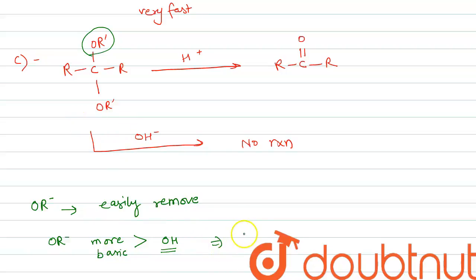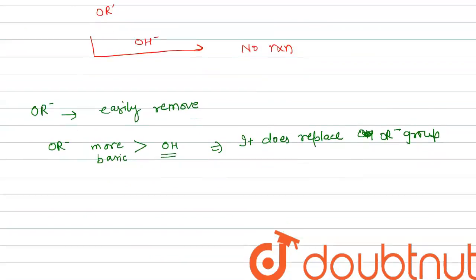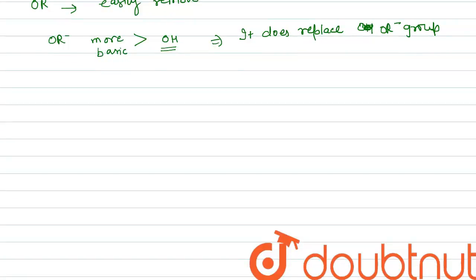It does not replace the OR minus group. But in case of H plus, what will happen?